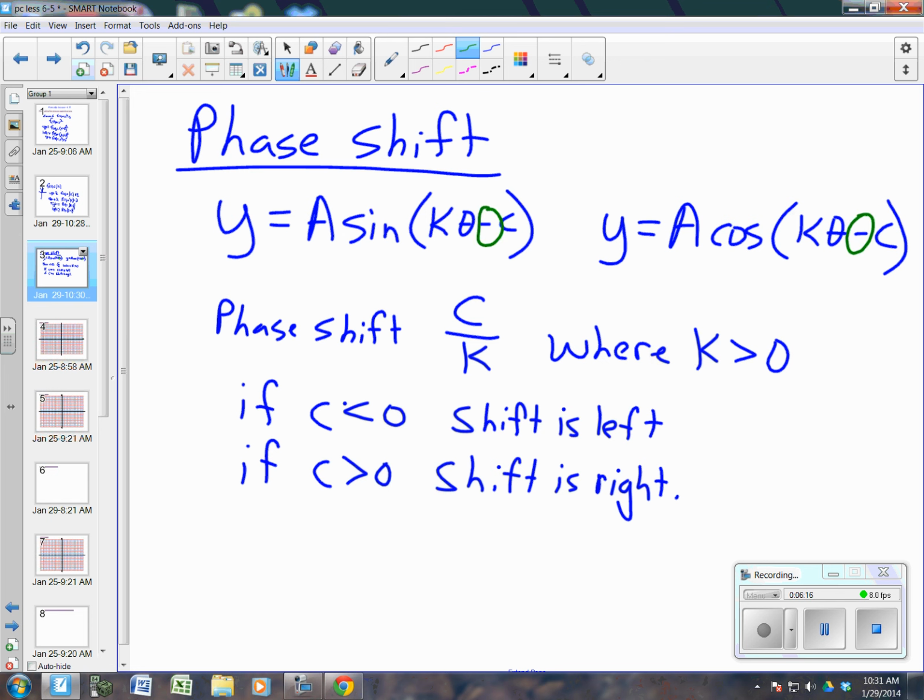So if I put a negative number in for c, like -4, that would be minus a -4, which would be +4, right? And that's why it appears to be in the opposite direction. The main thing you need to understand right here is this: phase shift is c divided by k. Got it?